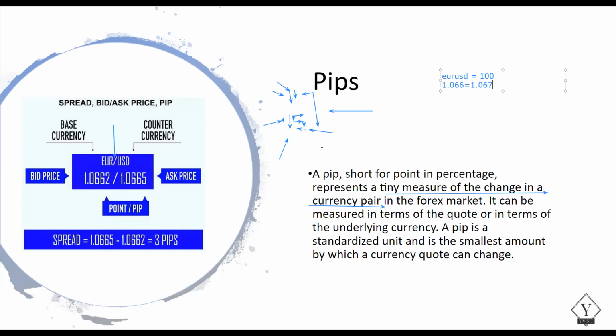So what is a pip? A pip is short for point in percentage. It represents a tiny measure of change in the market, in a currency pair. It can be measured in terms of a code or in terms of the underlying currency, right? So depending on how you're looking at it, you can see from the difference in price that we were at 11 rand and now we're at 15 rand.